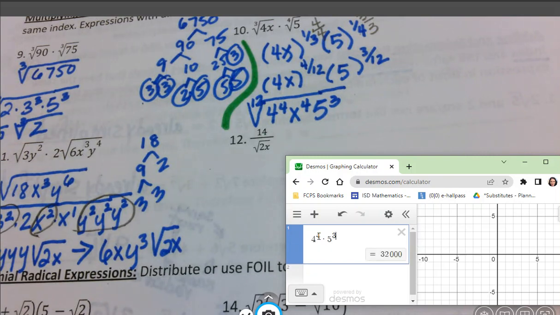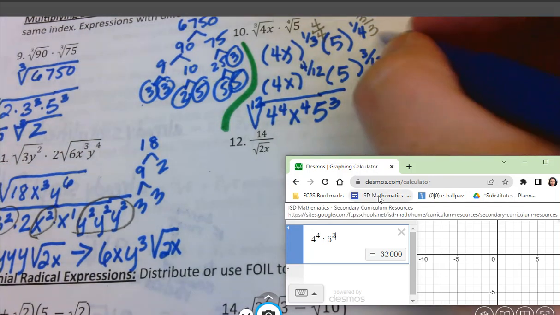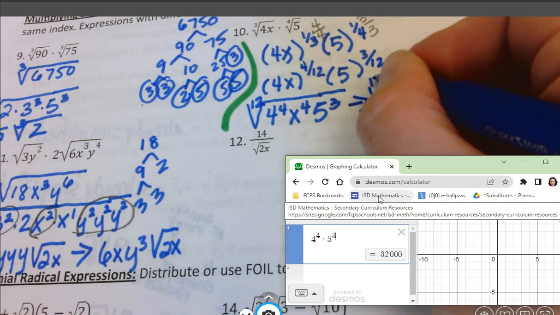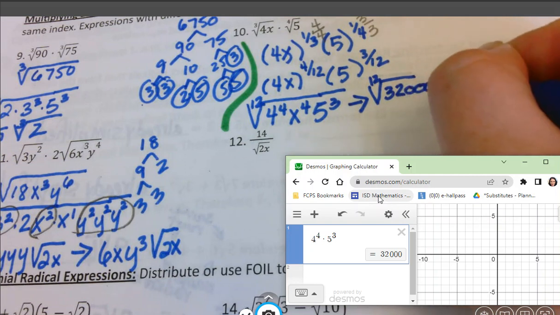I'm getting 32,000. And the good news is there is not an integer that we can take out of the 12th root of 32,000. So we get to just leave that there. So it's going to be finally the 12th root of 32,000 x to the 4.